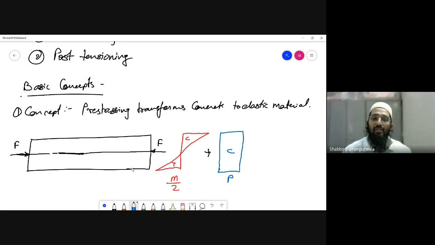Let it be P, the load that we apply in pre-stress concrete. The pre-stressing load that we apply, we denote using the letter P. So the direct stress coming on the cross section is going to be P by A.